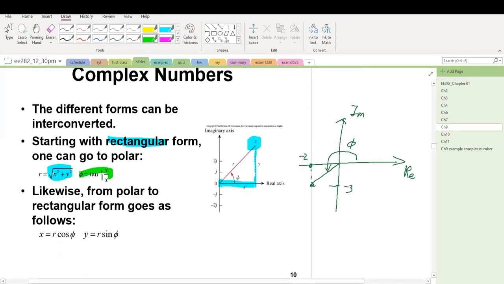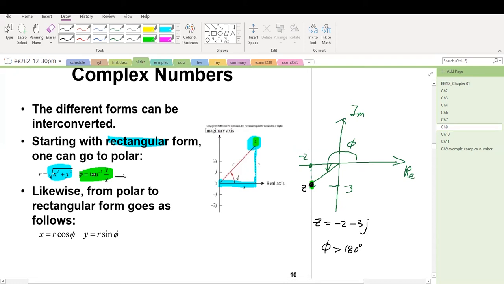When we apply the arctangent function to obtain the angle phi, pay attention to where the complex number is. For example, if z equals -2 minus 3j, then z is in the third quadrant. So phi here is greater than 180 degrees in the third quadrant.